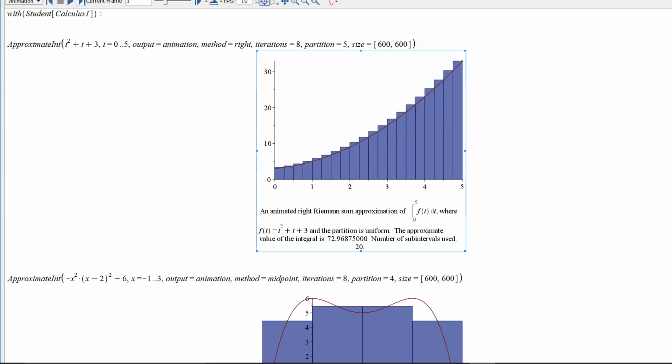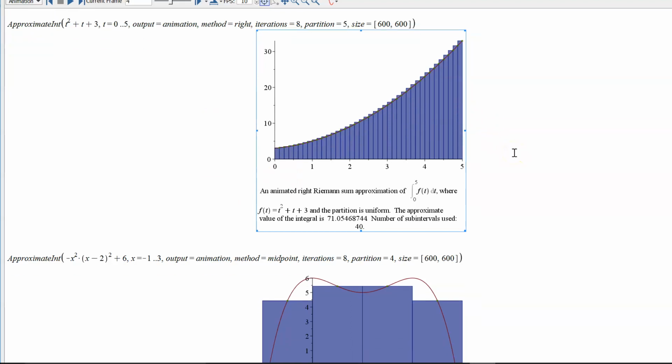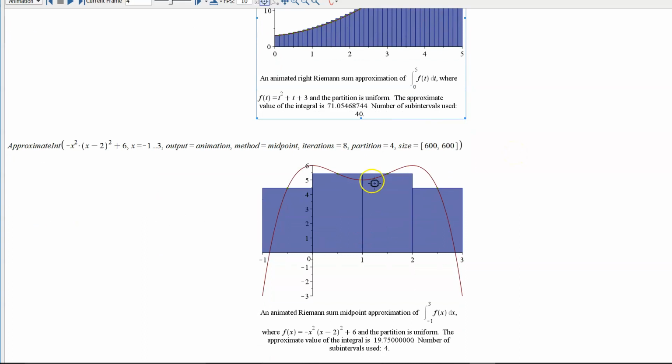We see as we increase n, as n is getting bigger and bigger, approaching infinity, the approximate area under the curve, which is the sum of the areas of these rectangles, is going to get closer and closer to the exact area. This is the example that we had in the handout.